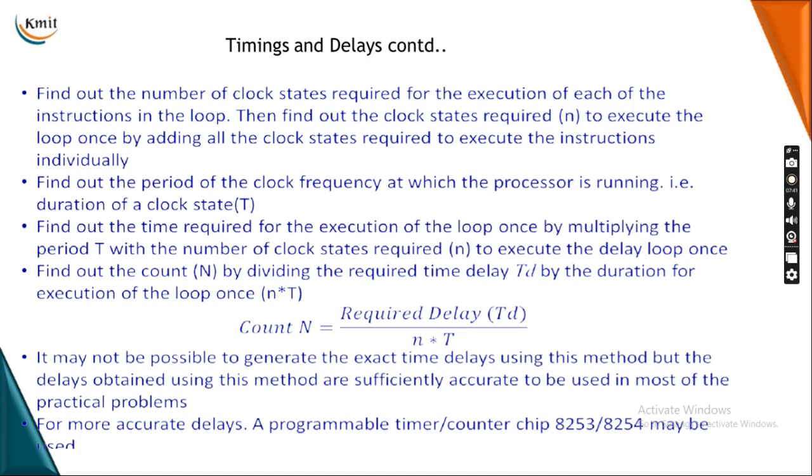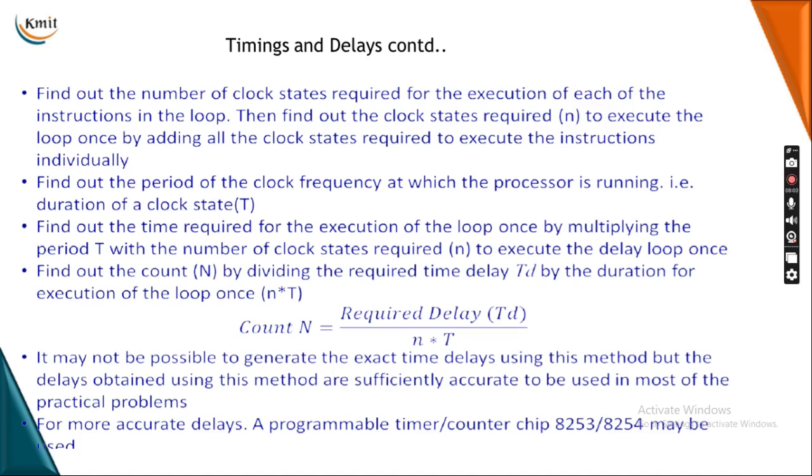So the formula is count. In order to find the count, the number of clock pulses required, the count is equal to the required delay, which is Td by n into t.